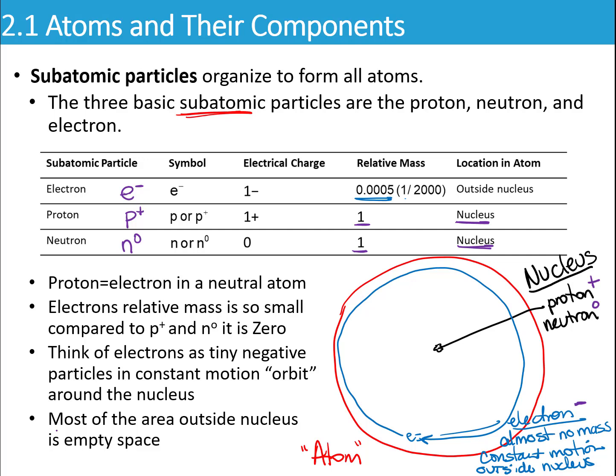Protons and neutrons are in the nucleus, electrons outside. Protons and neutrons have mass. Electrons have mass that's so small you can consider it negligible, because it's 2,000 times smaller than a proton or a neutron, so it's not going to add mass to the atom itself. And then the charge is the other difference. Electrons are negative, protons are positive, neutrons are neutral.